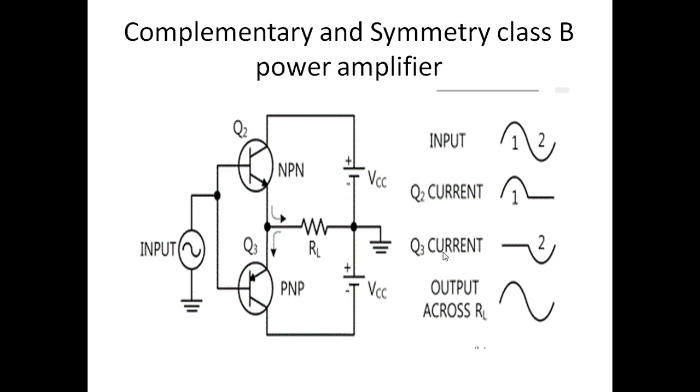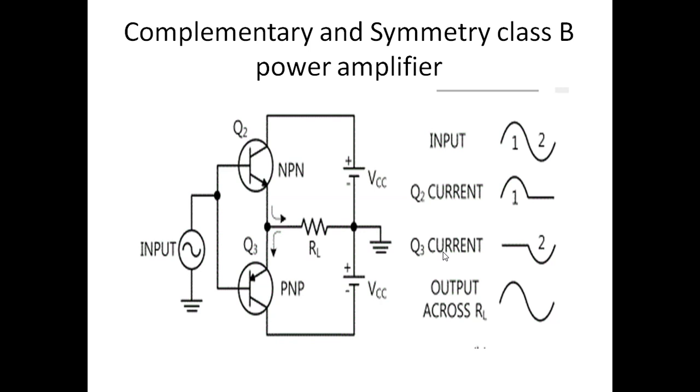The only disadvantage with the class B push-pull amplifier is the transformers. Transformers occupy very large space and they are expensive to purchase. They have more cost.